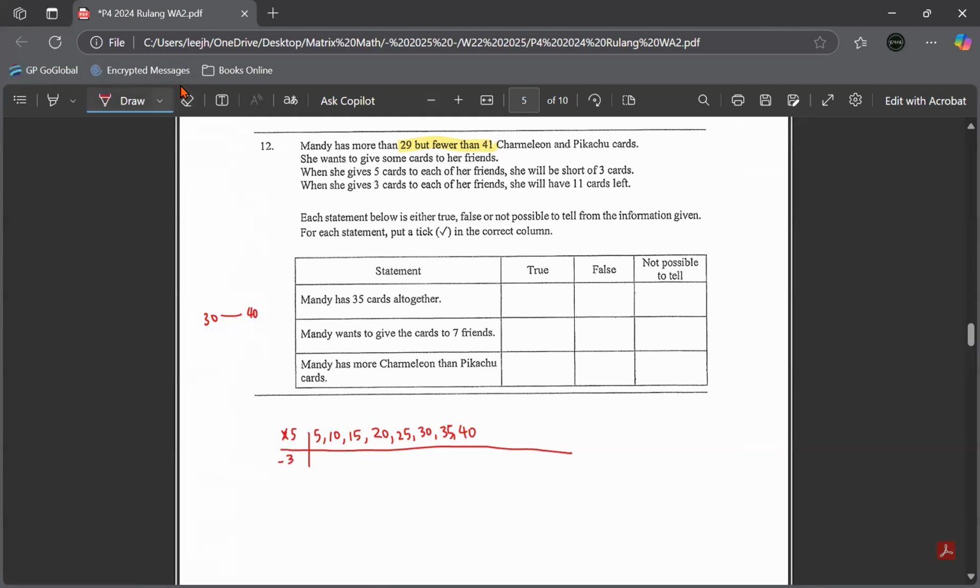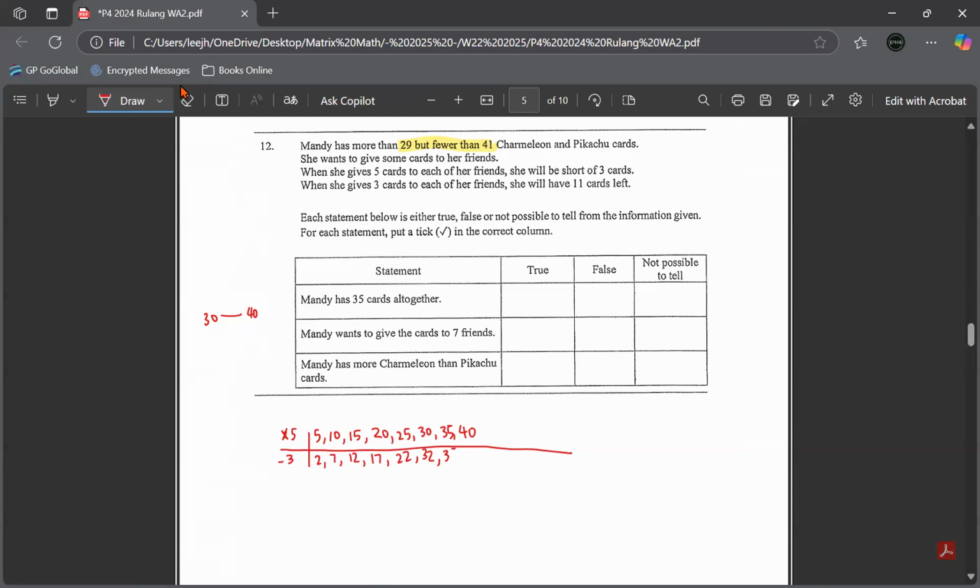So you minus 3. So 5 minus 3 is 2. This is 7. This is 12. This is 17. This is 22. Wait a minute.